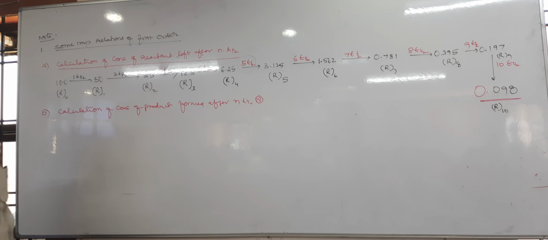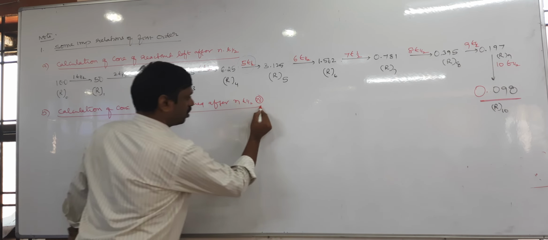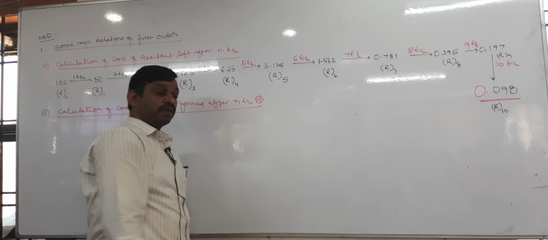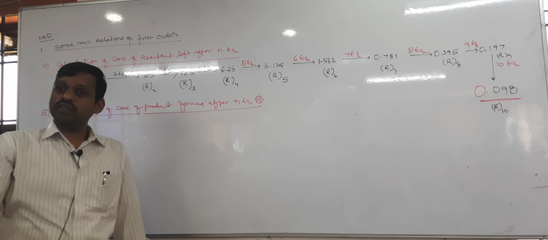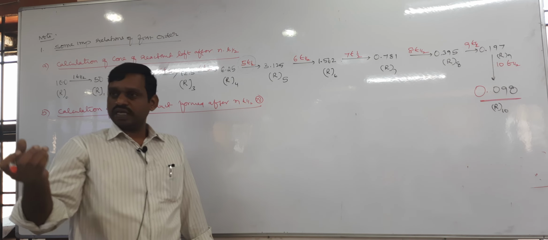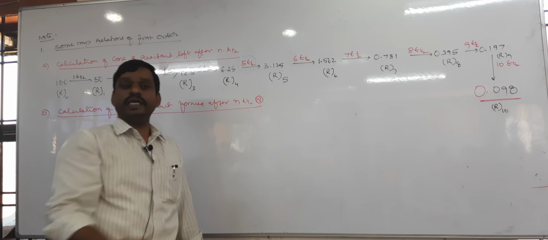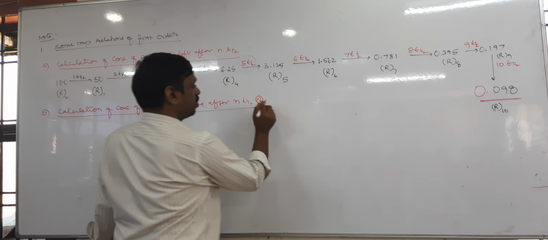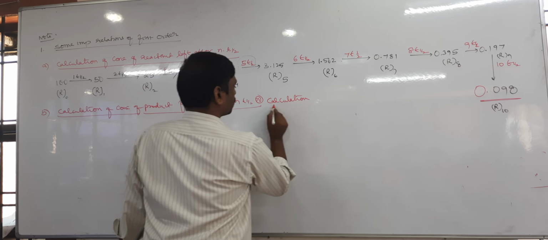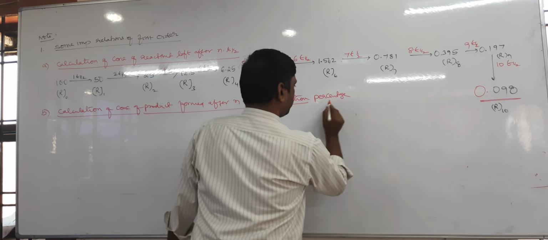The calculation of concentration of product formed is, at the same time, the calculation of the percentage of reaction completed. Both are the same, no? The calculation of product formed is nothing but the calculation of percentage of reaction completed. Both have the same meaning.